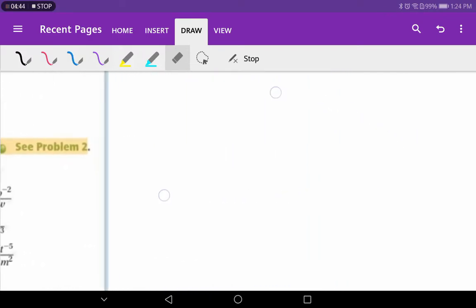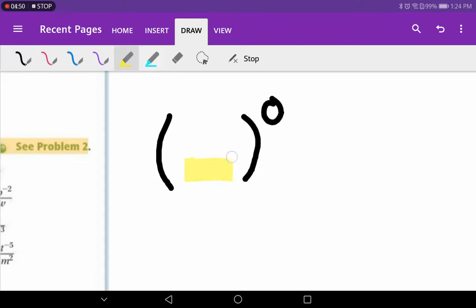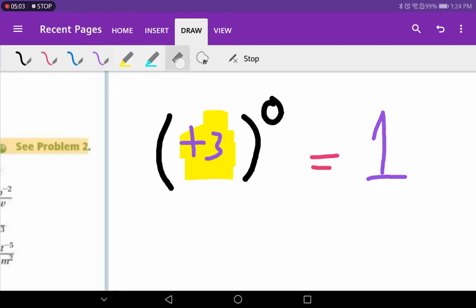Now, what about the 0, teacher? Let me take you on a trip here. Anything with power 0, whatever we have here, it is equal to 1. If it is negative, if it is positive, if it is a fraction, if it is a negative fraction, if it is a decimal, it doesn't matter.